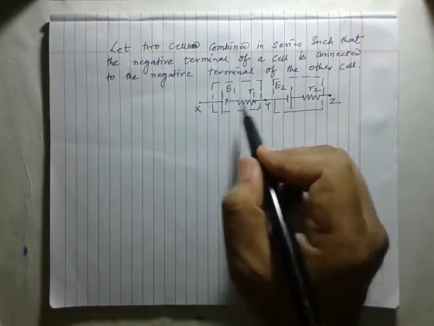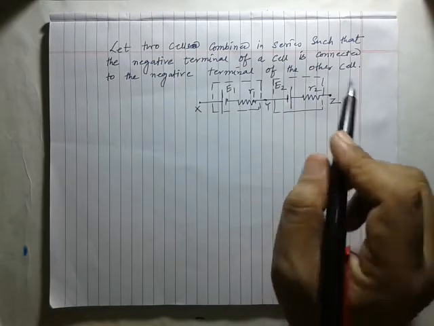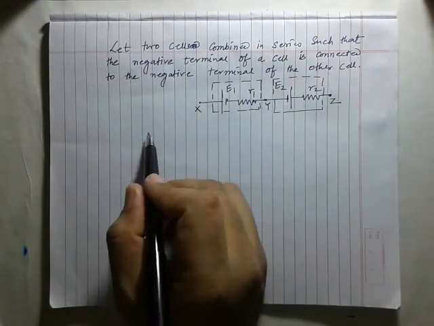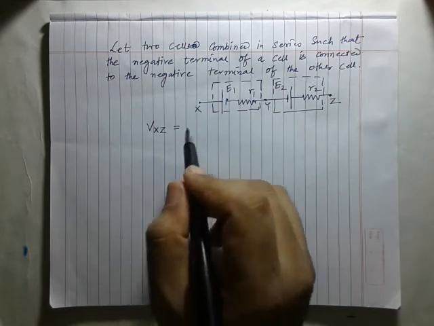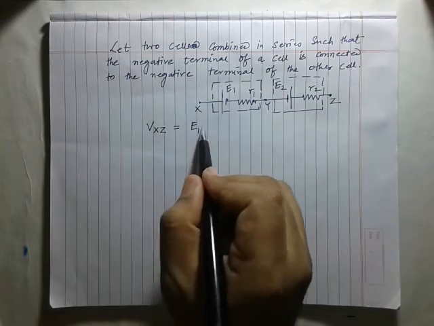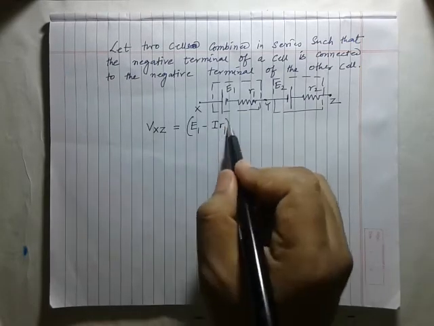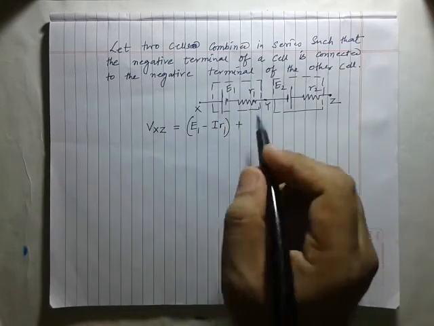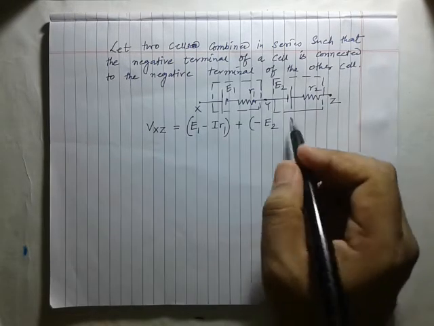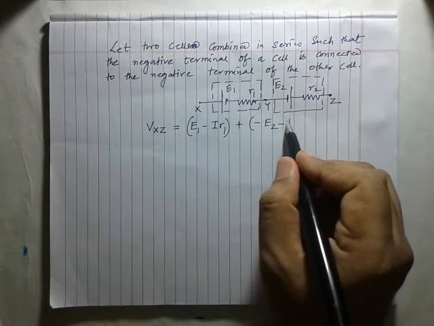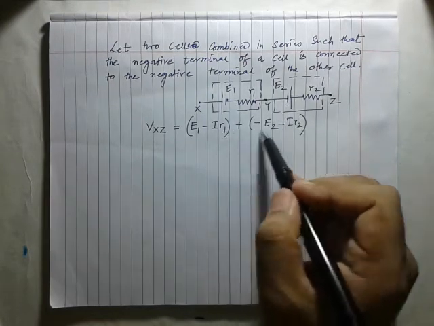See, the negative terminal of this is connected to the negative terminal of the other cell. So what will we write here? Same formula, same thing. Vxz will be equal to E1 minus I R1 plus, here it will be minus E2 minus I R2. Which one we wrote plus, it will be minus here.